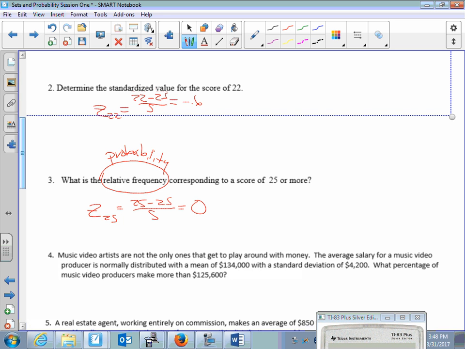And so if we look at the standard normal curve, we don't really have to look at the table, because the area below a z-score of 0 is going to be 0.5. So above, the probability z is greater than or equal to 0 is equal to 0.5, 50%.